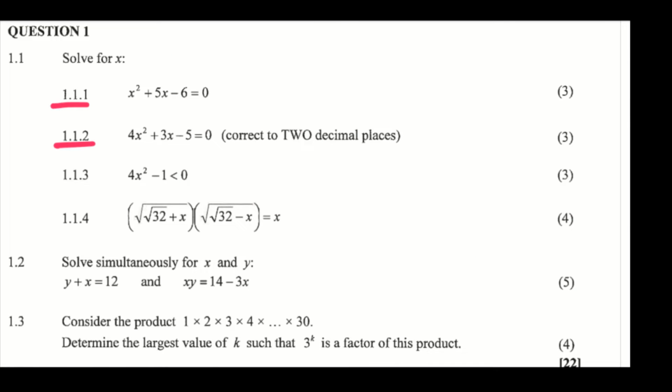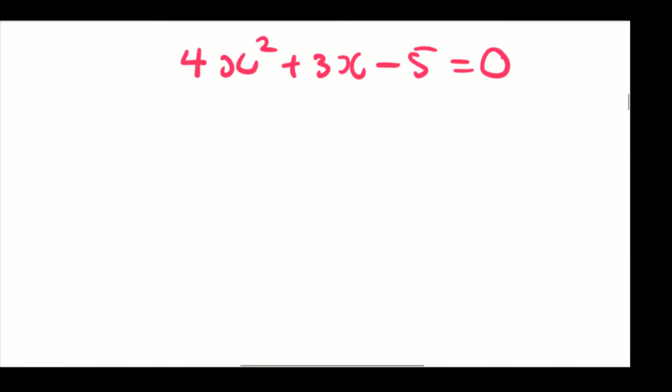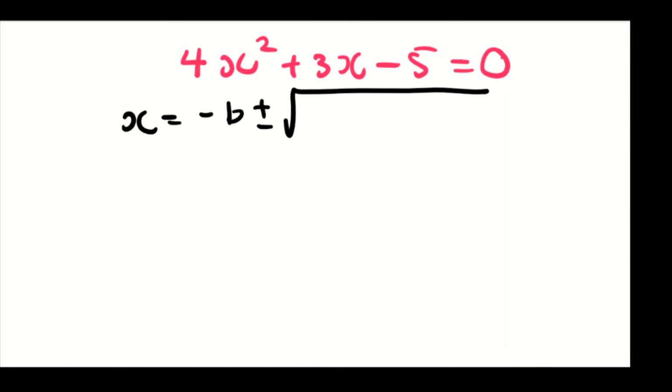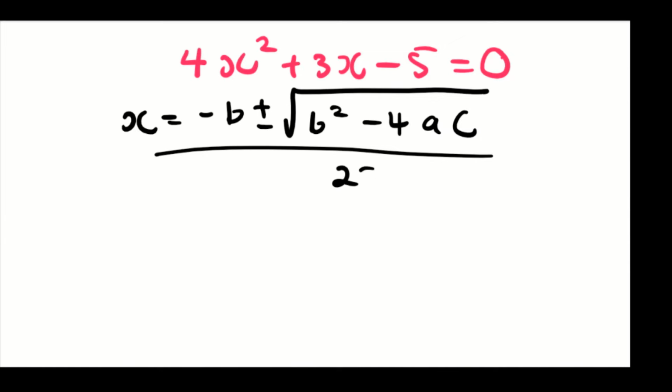We're going to do 1.1.2, where we are given this problem here and we are asked to write our answers to 2 decimal places. So we have 4x squared plus 3x minus 5 equals 0, and the quadratic formula is x equals minus b plus or minus the root of b squared minus 4ac, divided by 2a.